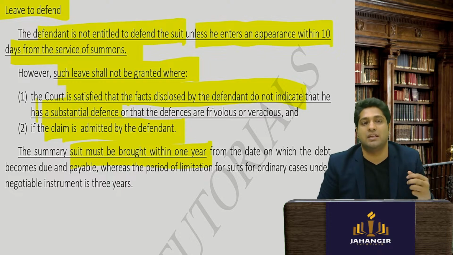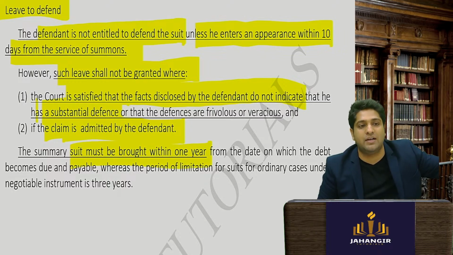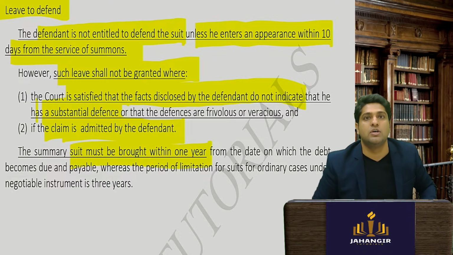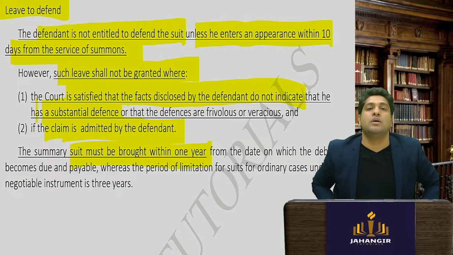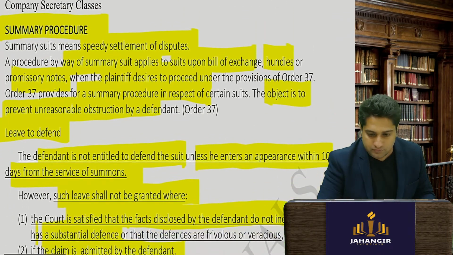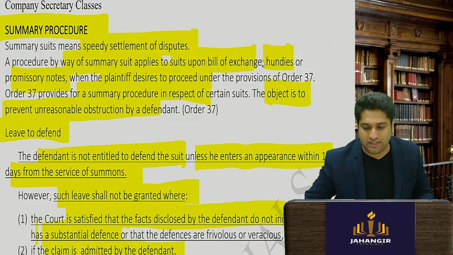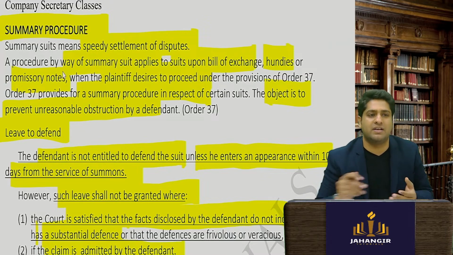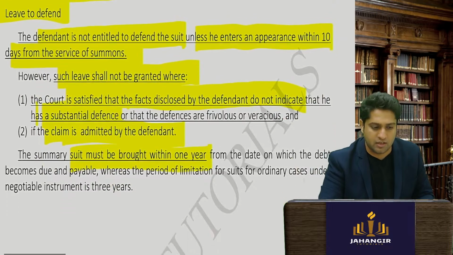So in summary suits, you do not give a right to defend beyond 10 days to the defendant. So for example, if it's a case where a bill of exchange has been bounced, in the case of bill of exchange, hundis, promissory notes, someone has given a promissory note, etc., and that has been bounced.